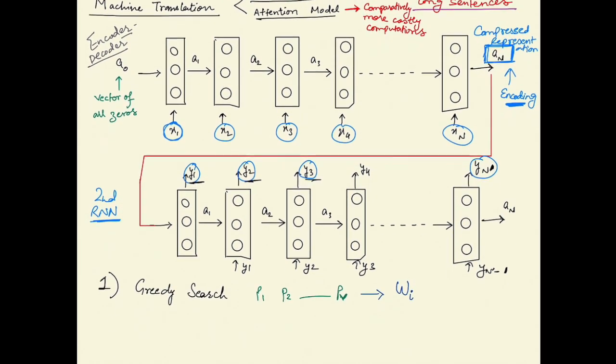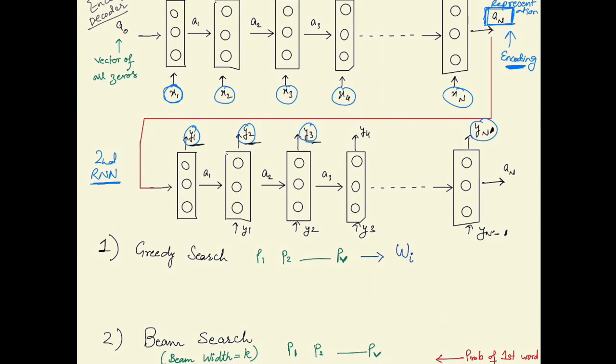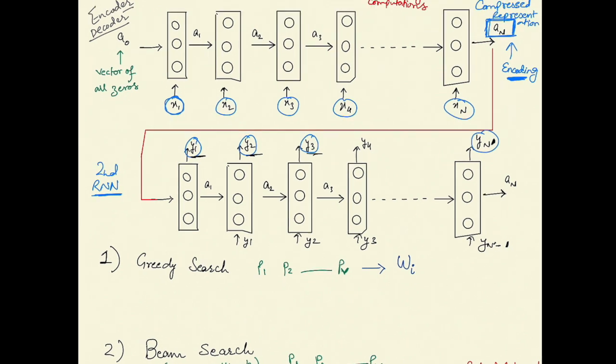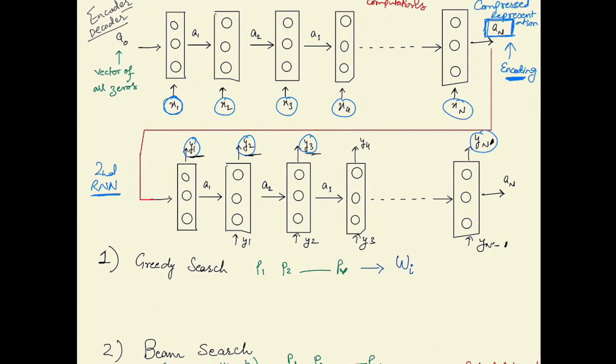To obtain these yi, we have basically two strategies. One is greedy search. Let's say we have to first find y1. Let's say we have capital V words in the vocabulary.